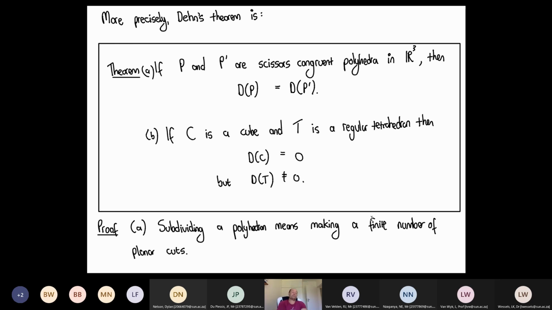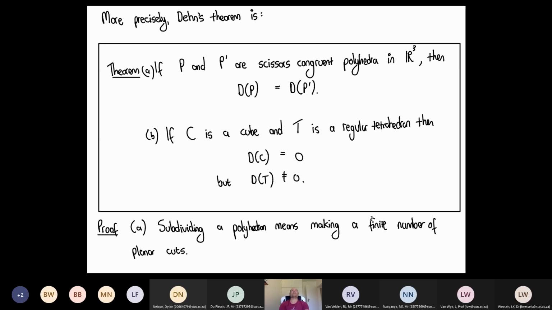I'm thinking part B is a converse of part A. No, part B does use part A, that's right, but part B simply calculates that the Dehn invariant of the cube is zero and that the Dehn invariant of the tetrahedron is non-zero. And then by part A, we can conclude that the cube is not scissors congruent to the tetrahedron.